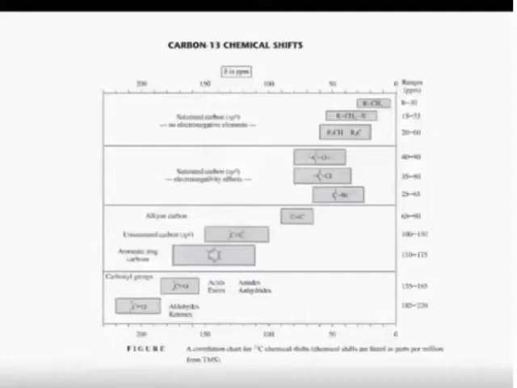For example, C13s of a hydrocarbon that aren't attached to electron withdrawing groups tend to have a lower delta value here. And when you start attaching electronegative groups like oxygen or halogens, that causes the chemical shift to move to the left, increasing the delta value.